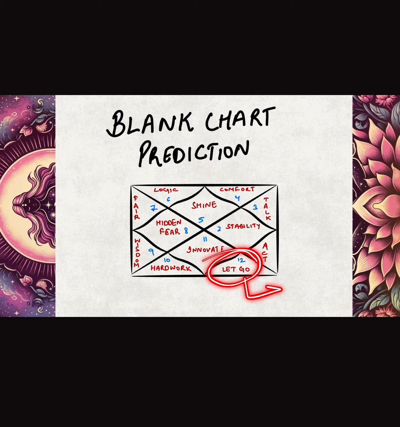Then here, Pisces is here. Wherever Pisces is sitting, you need to let go of those things, you need to surrender those things. Here, Pisces is sitting in the eighth house. So whatever fears you have, because the eighth house is of your secrecy, your deep hidden fears, deep desires which you don't tell.